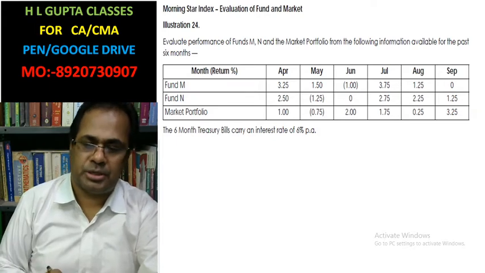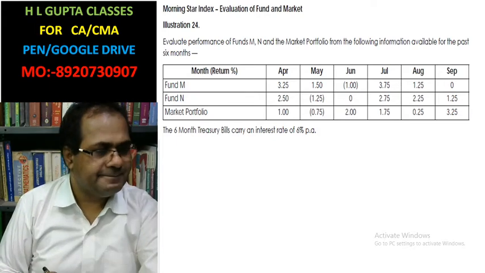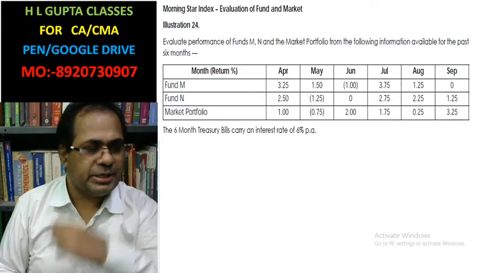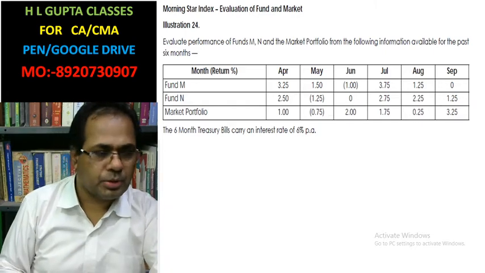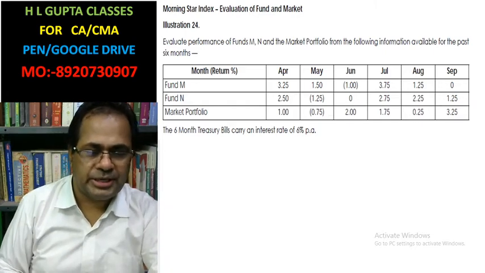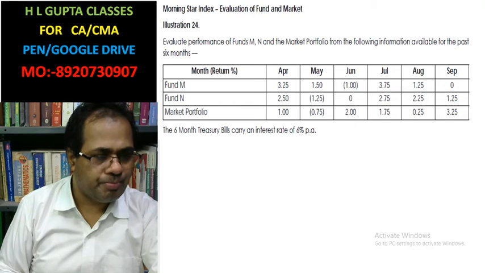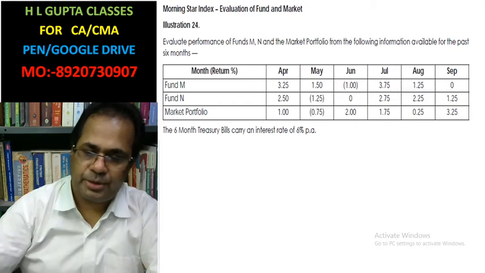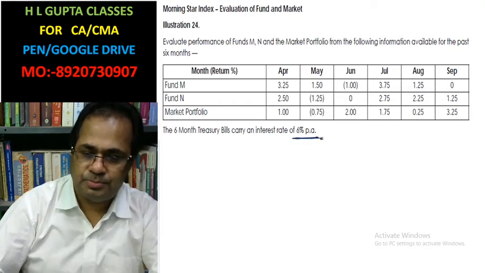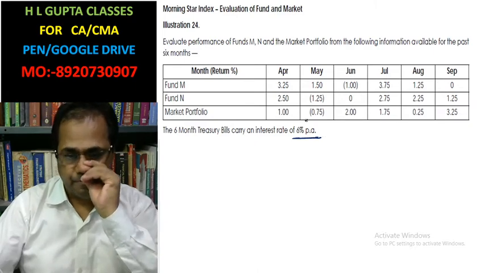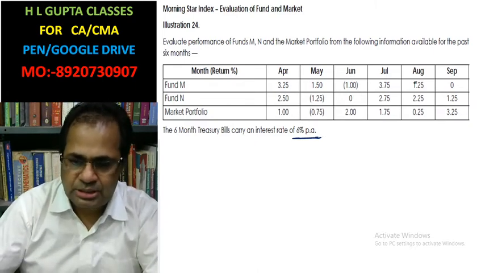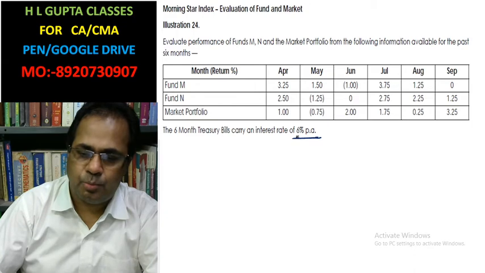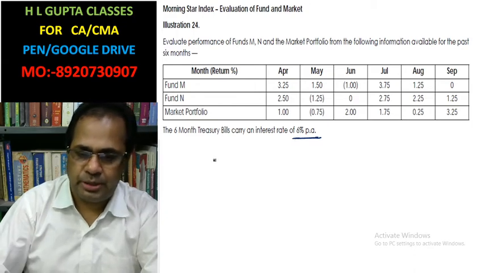Please look at it. In this case, monthly risk of loss, monthly risk free rate of return you have to calculate. This is because the risk free rate is per annum, and the funds' return is given in a month. That's why monthly risk of loss needs to be calculated.